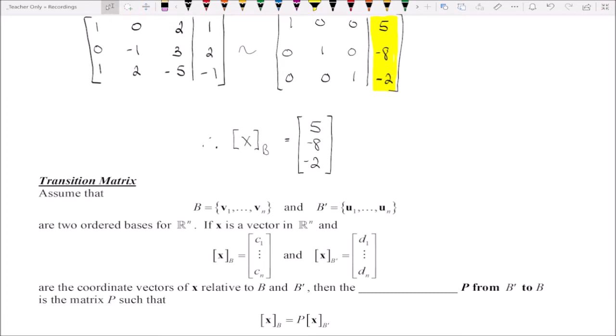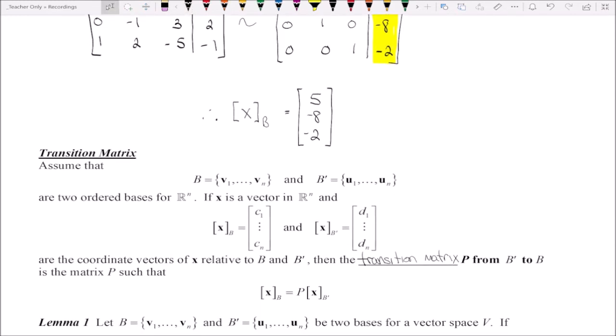If X is a vector in Rn, and the coordinate vector for X with respect to B and the coordinate vector of X with respect to B prime are c1 through cn and d1 through dn respectively, then the transition matrix from B prime to B is the matrix called P here, such that the coordinate vector for X with respect to B is equal to P times the coordinate vector for X with respect to B prime.